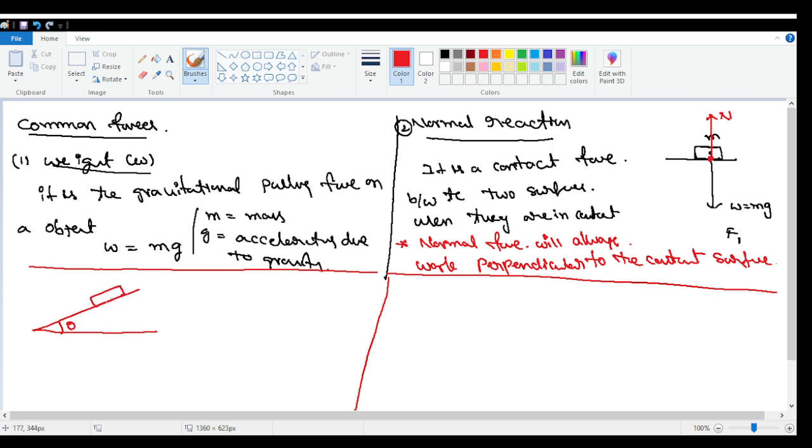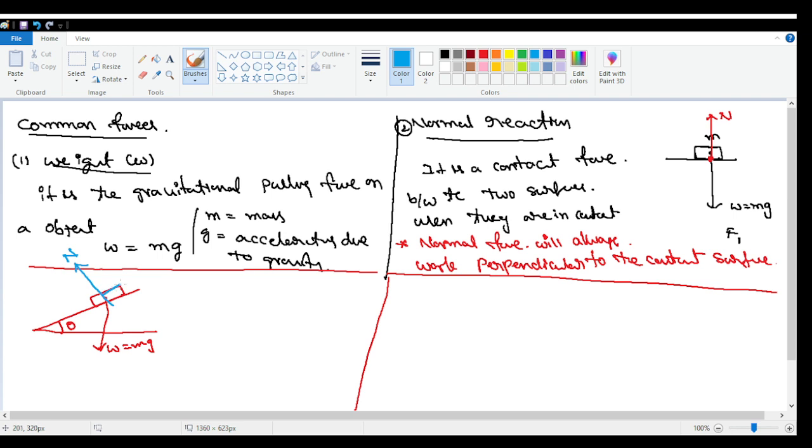As per the gravitational pulling force, the weight acts in the downward direction, W is equal to mg. Then the normal force: due to the contact of these two bodies, the normal force acts perpendicular to the surface.